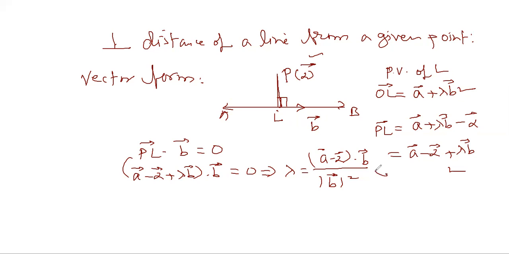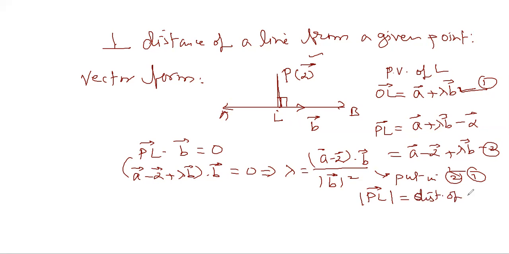So now this value put in equation number 1 and equation number 2, and we get the value of PL. The magnitude of PL will be the shortest distance from the point to the line, the distance of AB from P. This will be the working rule.